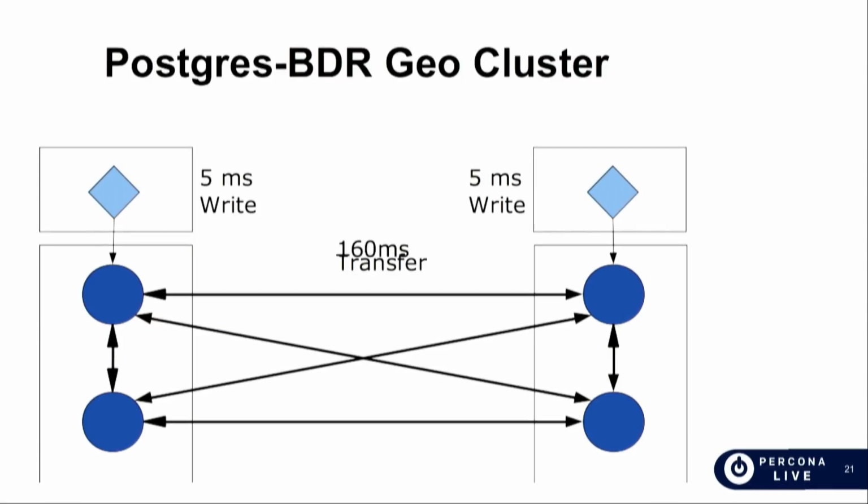Now, some people at this point ask me, are those changes passed asynchronously, or is it done in a consistent way across nodes? And what I can say is in BDR3, both ways of access are possible. So according to something called the PACELC theorem, you have to choose between good latency or good consistency, and BDR gives you both choices.